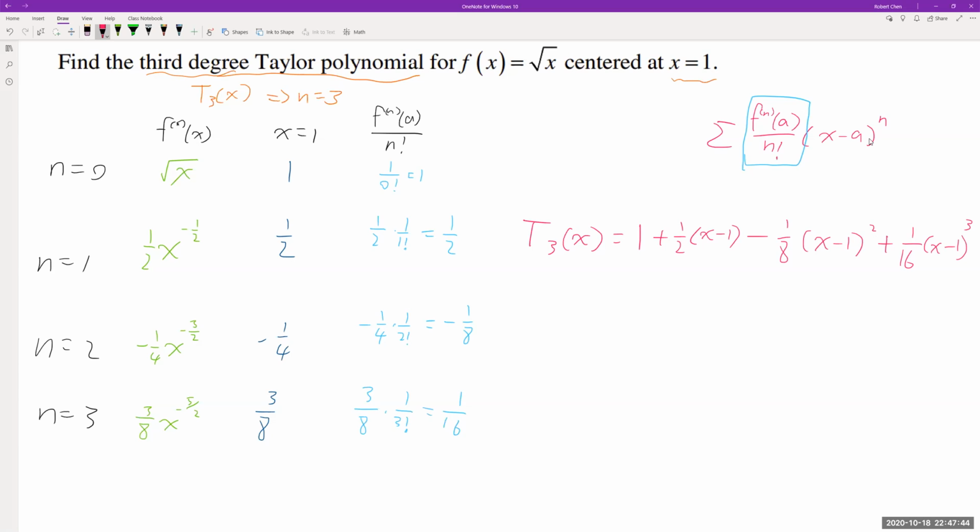And this third degree Taylor polynomial is a power series approximation for the function radical x.